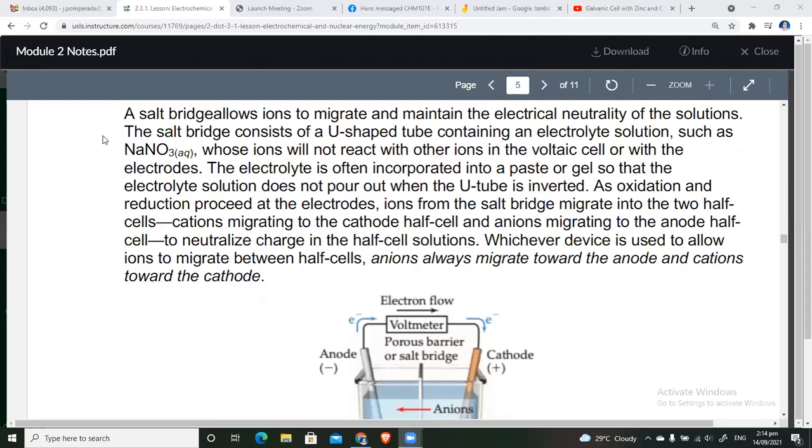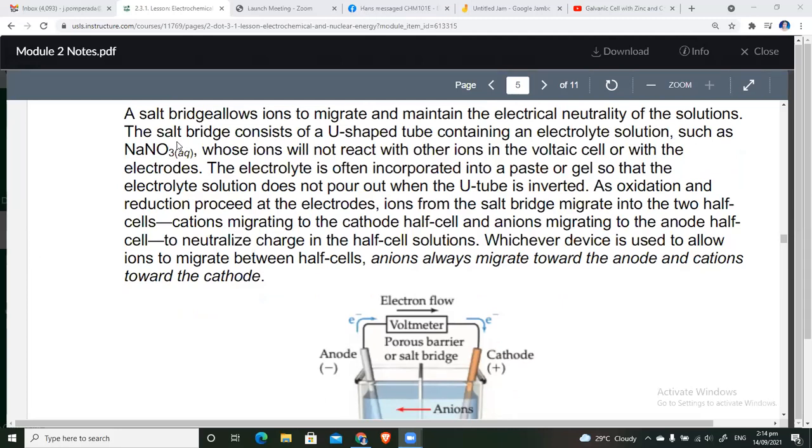So the electrolyte solution present in the salt bridge is sodium nitrate, whose ions should not and will not react with other ions in the voltaic cell or with the electrodes themselves. By the way class, the salt bridge solution is in the form of a gel.